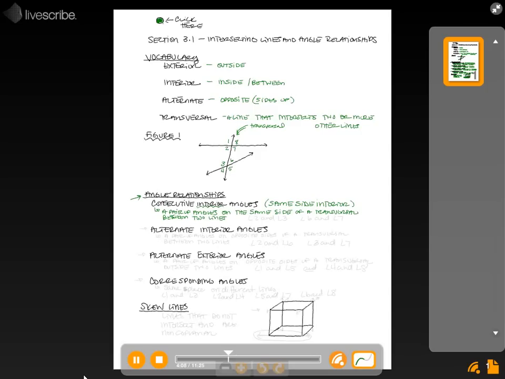Okay? I'll say it again. A pair of angles on the same side of a transversal between two lines.